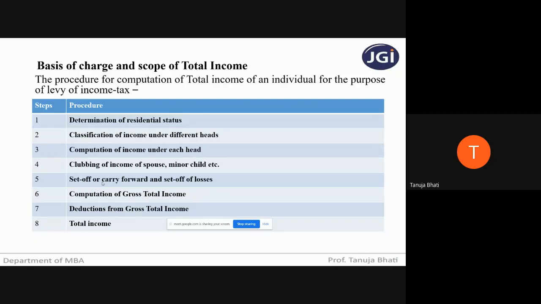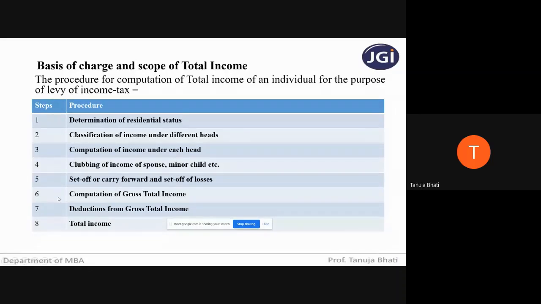So you need not pay tax on the loss. You carry forward that loss, or else if you have excess income in another head, you set it off. For this set of provisions also, we have a separate module. We will be seeing that then. But for now, you all need to understand at least the meaning of this particular step.